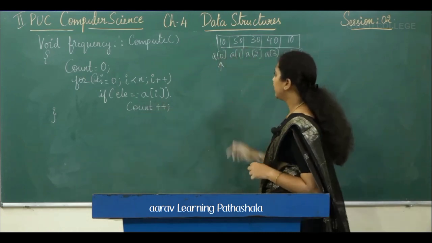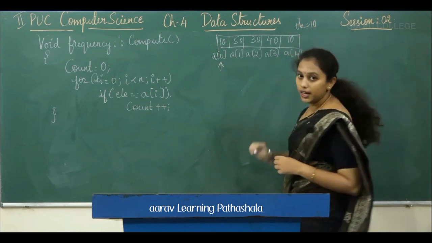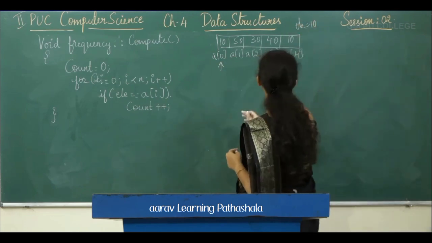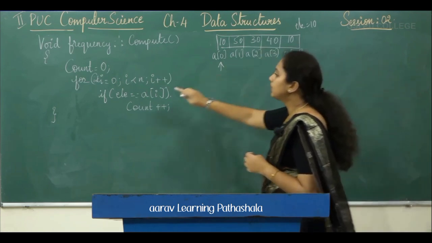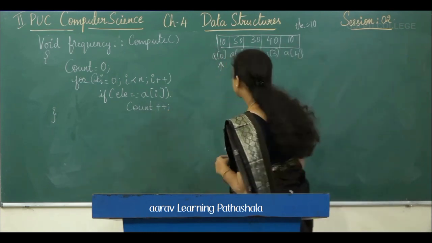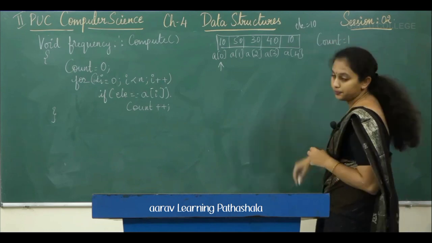So element is equal to a of 0. Our search element is 10. So 10 is equal to 10, hence count gets incremented. So the value of count becomes 1.